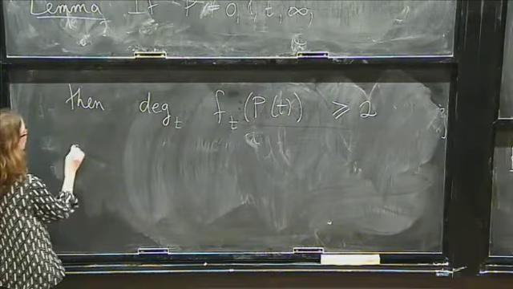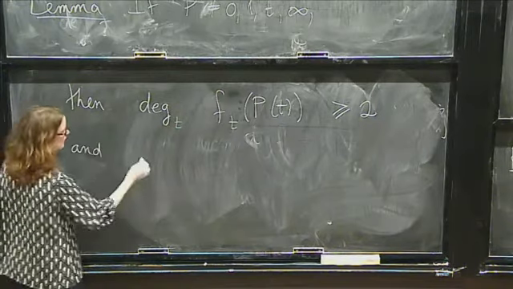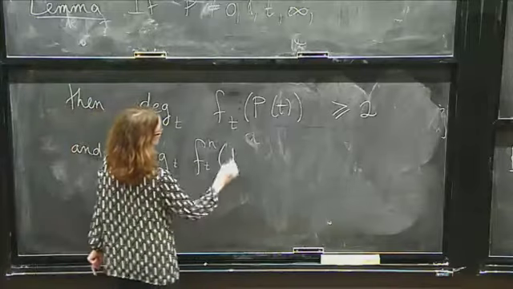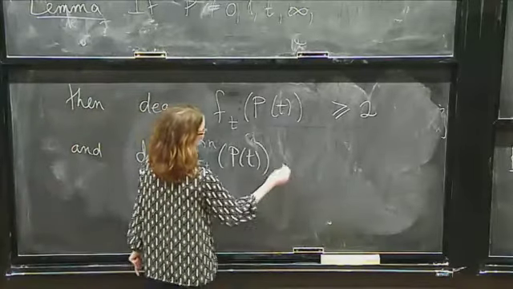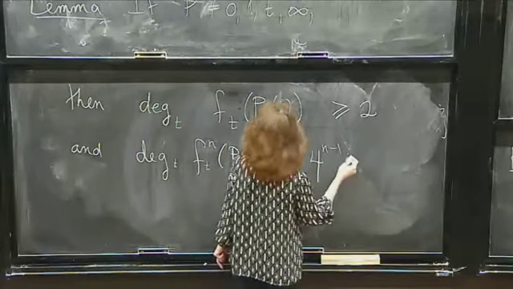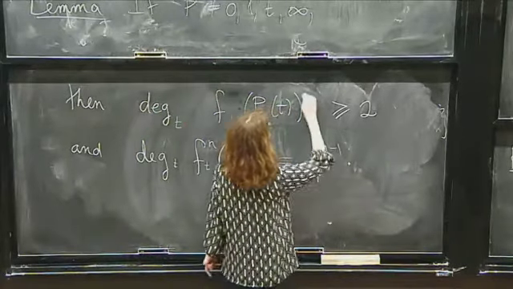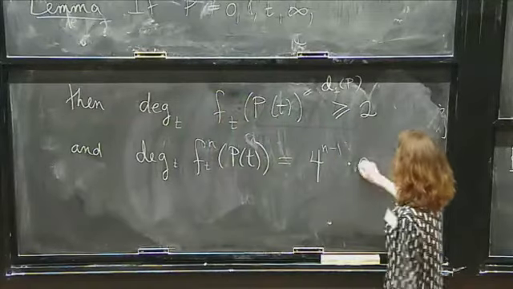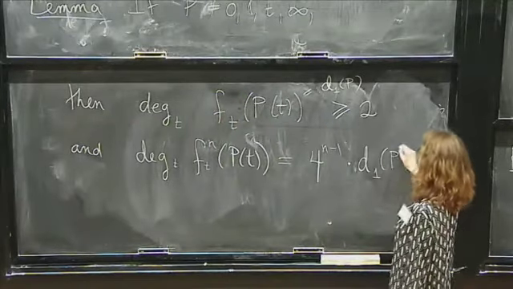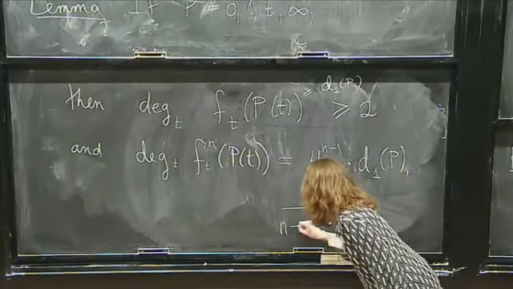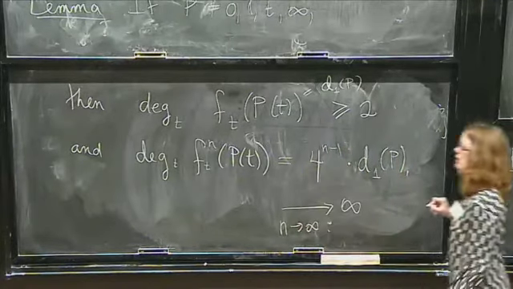And furthermore, once you get past that first iterate, all further iterates have exponentially growing degrees, times d sub 1 of P. So this is in particular going off to infinity as n goes to infinity.